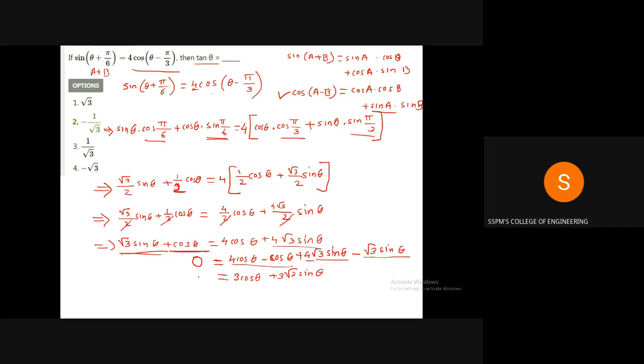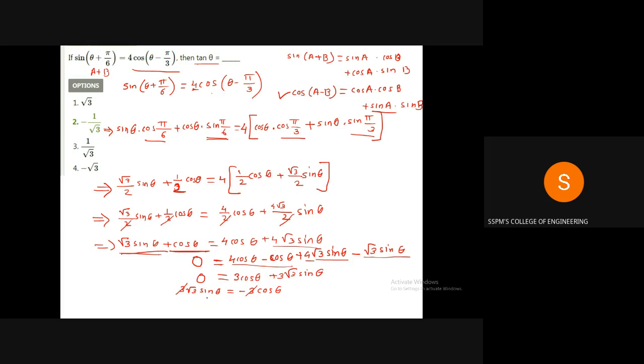So we have 0 is equal to 3 cos theta plus root 3 sin theta, which implies that 3 root 3 sin theta is equal to minus 3 cos theta. 3 and 3 will get cancelled.